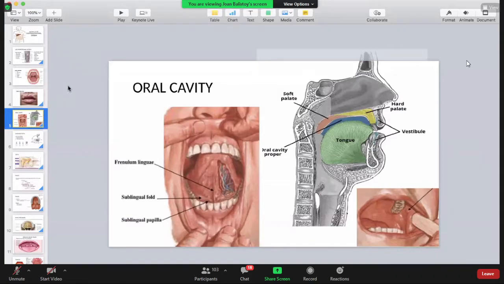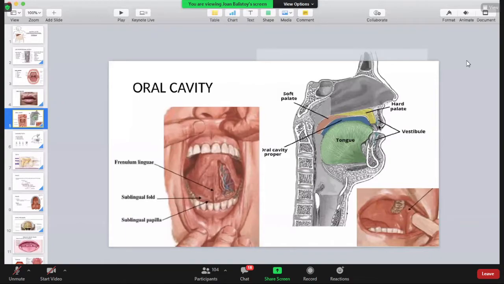Oral vestibule, which is this one. All right, the oral vestibule is a slit-like space bounded by the lips and cheeks externally and internally by the teeth.